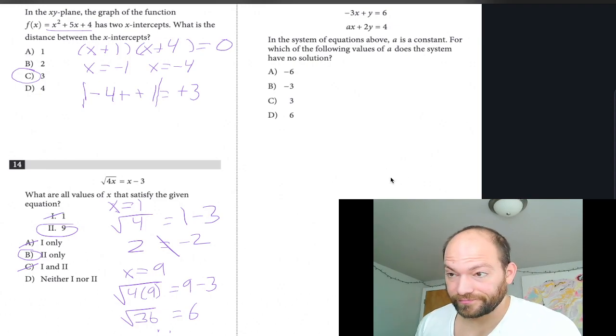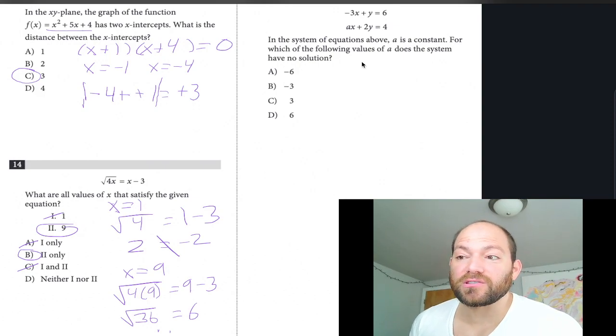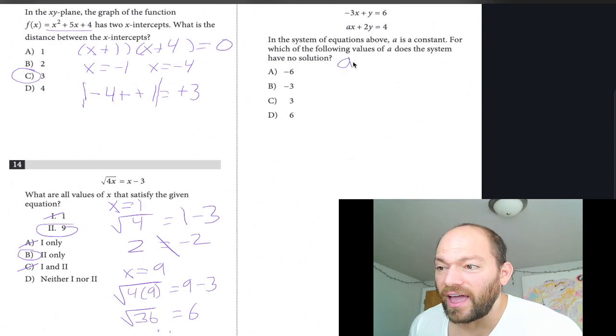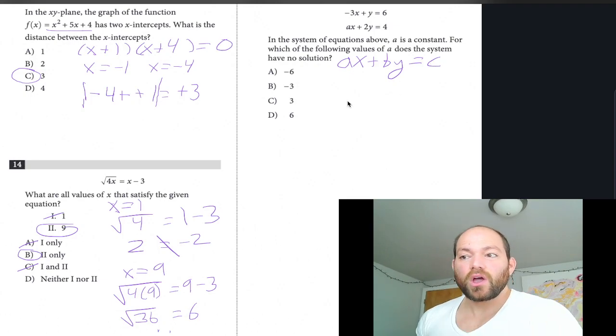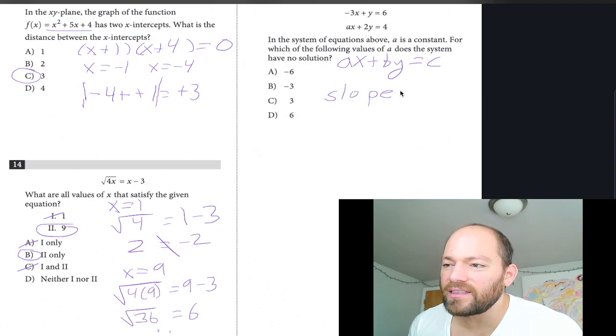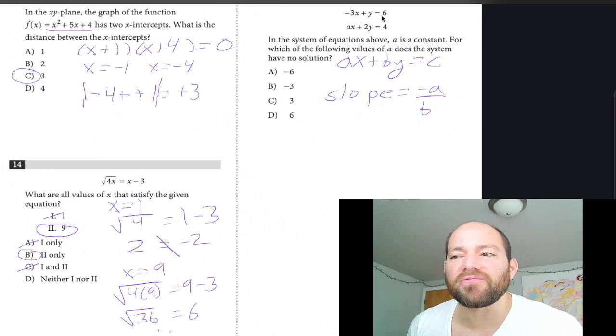Now, I hope you've seen my video about the slope shortcut, because when they give us linear equations in what's called standard form, which is ax plus by equals c, sure, we could rearrange it into y equals mx plus b form, but if we know this handy slope shortcut, negative a over b, we'll just be able to calculate both slopes pretty effectively, right?